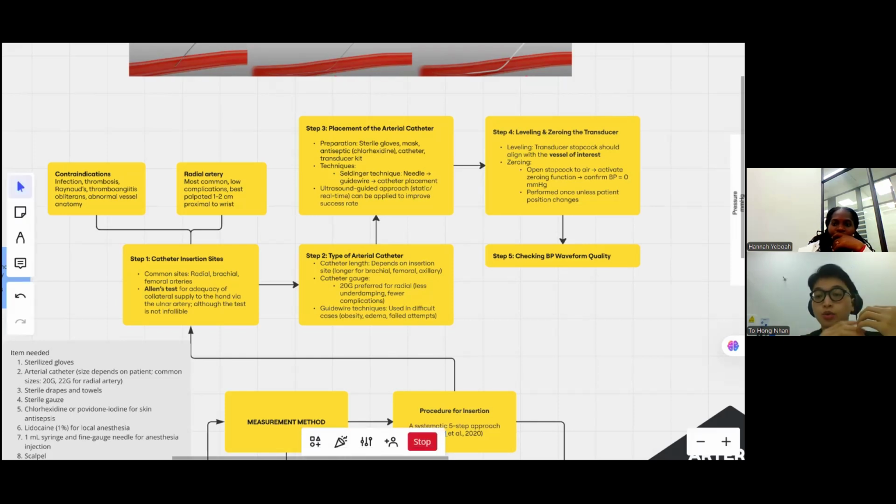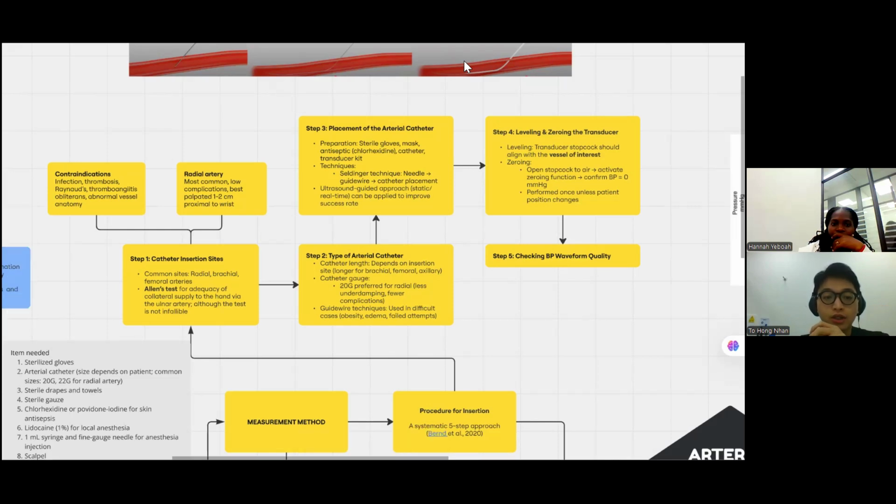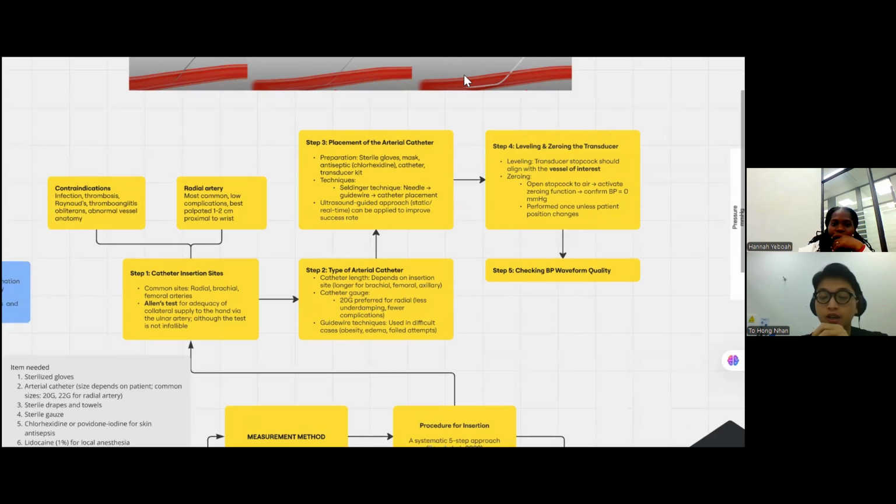To determine whether the artery is applicable for insertion, an Allen test for collateral supply to the hand via the ulnar artery is also tested. However, the test is sometimes not infallible, and contraindications of the artery are usually related to any sign of infection, thrombosis, Raynaud's syndrome, or any abnormal vessel anatomy.